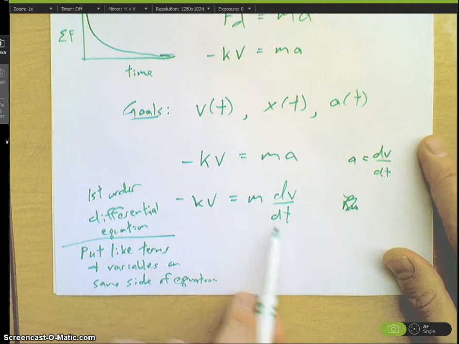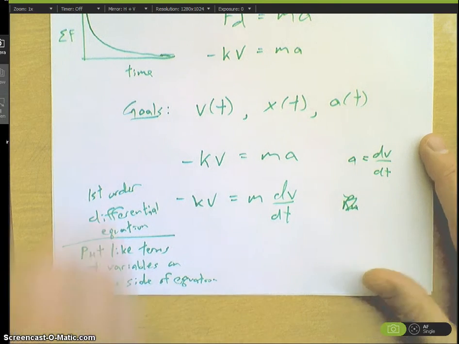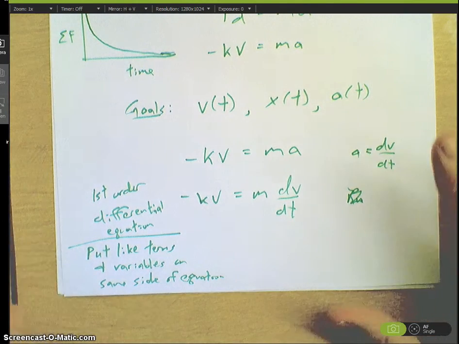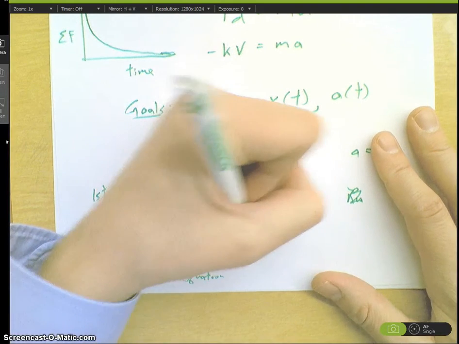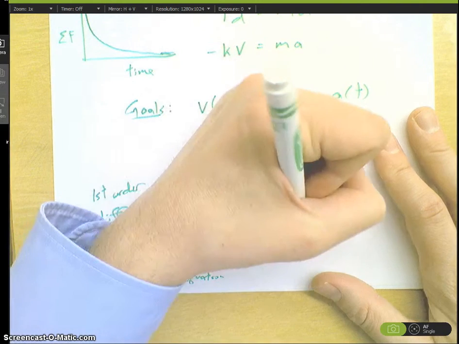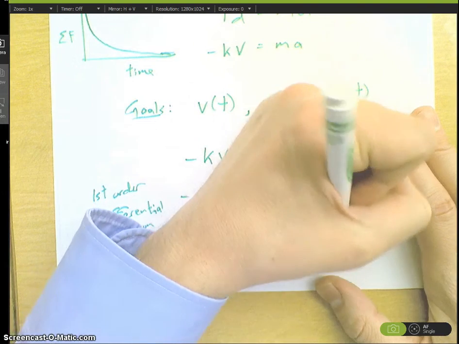So we're going to take the dt, bring it over here. We're going to take the v, bring it over there. So we can multiply both sides by dt, divide both sides by v. So I'll have minus k dt is equal to m over v dv.